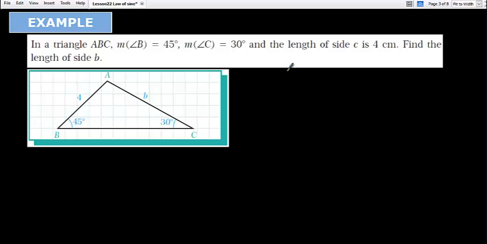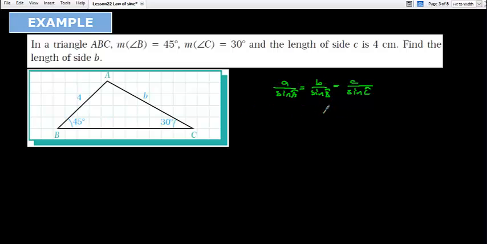If we write the ratios, a over sine A, which is not needed in this question, is equal to b over sine B, and it's equal to c over sine C. Here the radius is not important for us, only sides b and c are given.